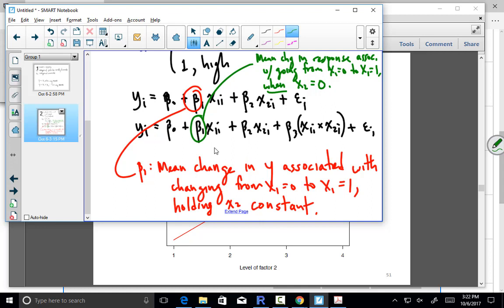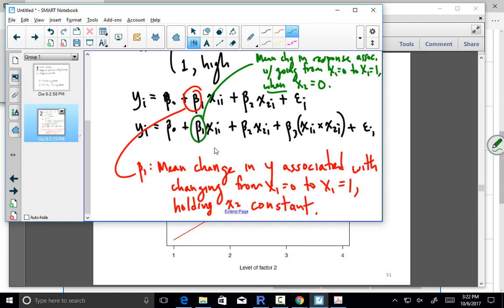So no matter what x2 is, beta 1 is the effect of x1, holding x2 at its level. In the green case, beta 1 is only the effect of x1 when x2 equals 0. And there's a different effect when x2 equals 1.